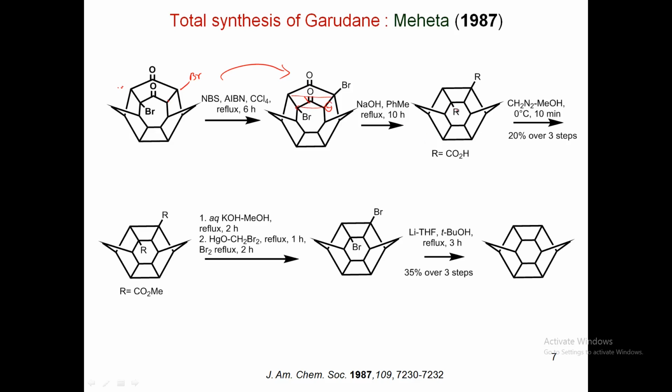From the esters with this condition they have generated the acid, then they have done methanol-mediated hydrolysis. Finally, under Birch-type conditions they have incorporated bromine again, and with lithium, THF, tert-butanol, lithium-halogen exchange followed by protonation, they removed the bromines and incorporated protons.